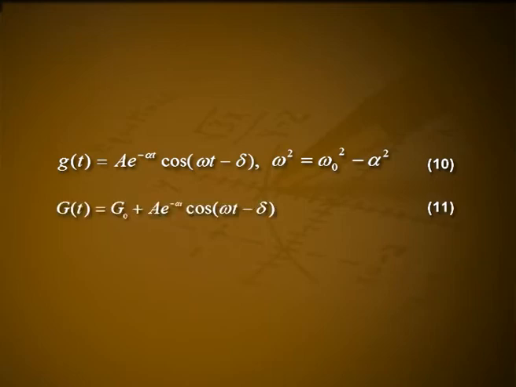Consequently, g of t is equal to g naught plus a e raised to minus alpha t into cos omega t minus delta. Now, equation 11 contains 5 unknowns g naught, a, alpha, omega naught and delta.